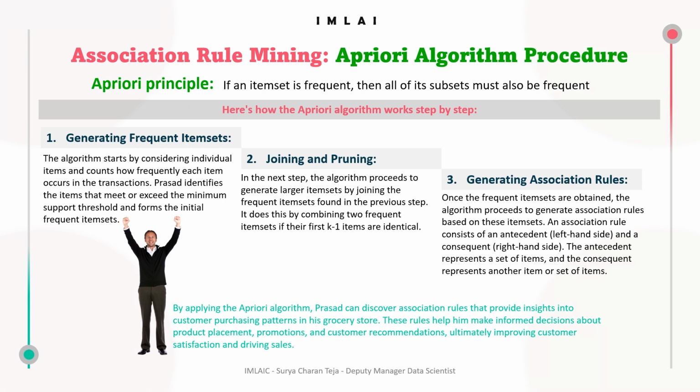It's worth noting that while the Apriori algorithm is widely used, there are also other algorithms available such as FP growth and ECLAT, which offer alternative approaches to association rule mining. Prasad may explore these algorithms as well to find the most meaningful and relevant association rules for his grocery store.